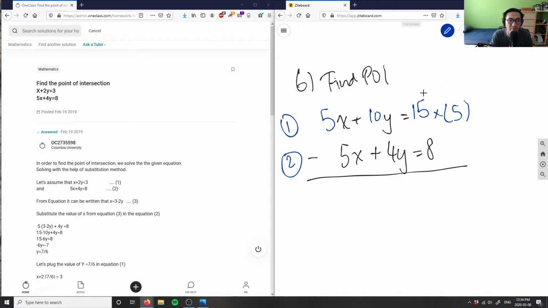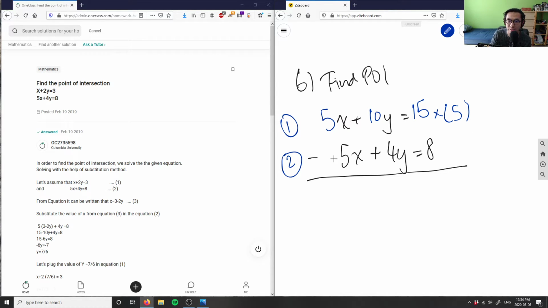So I multiplied everything by 5. If you think about it, I didn't actually change the equation. I only multiplied by a constant value, and I can do that to this equation because this is still the same line as x plus 2y equals 3, right? I'm changing the equation by multiplying by a constant number, but it actually doesn't change the equation of the line.